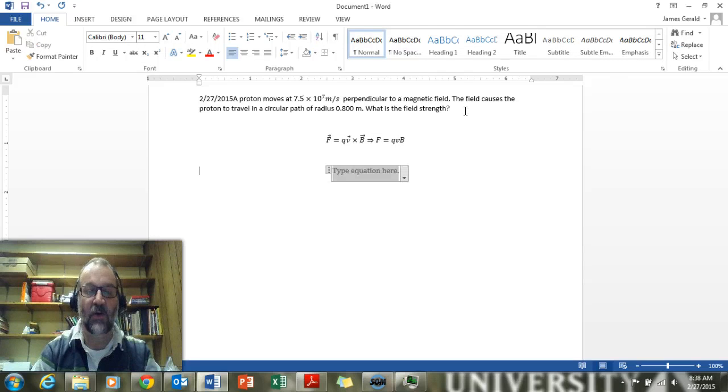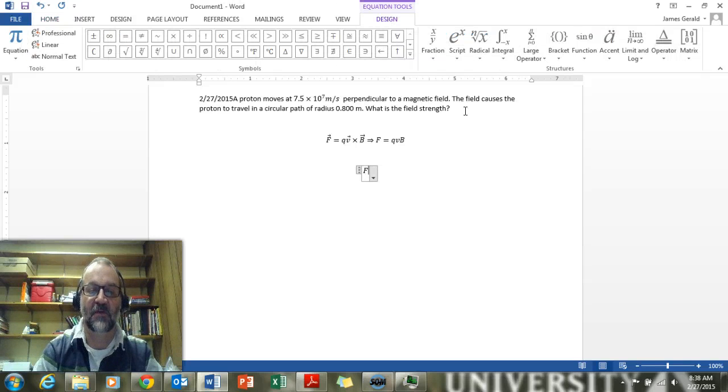We also know from the centripetal acceleration that force equals mv squared over r, right, which we're also going to just write as force is mv squared over r.